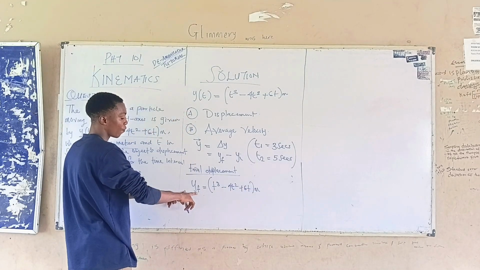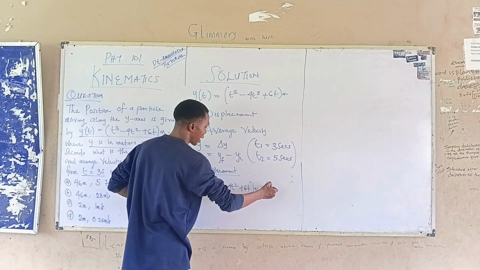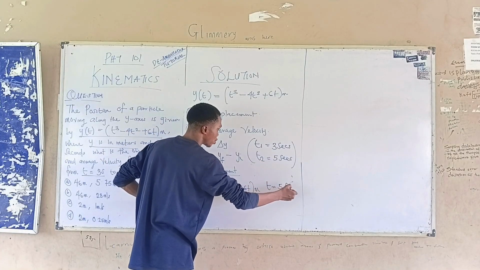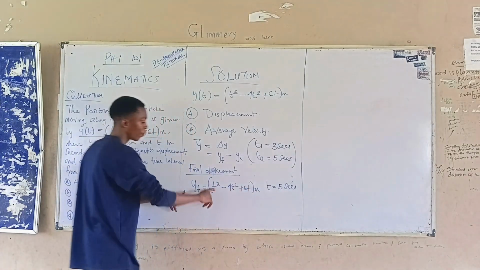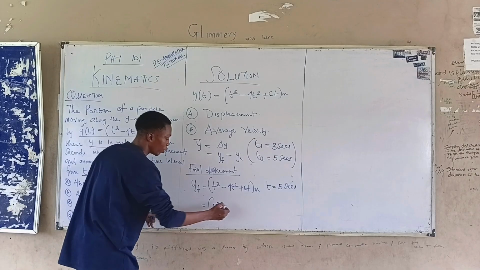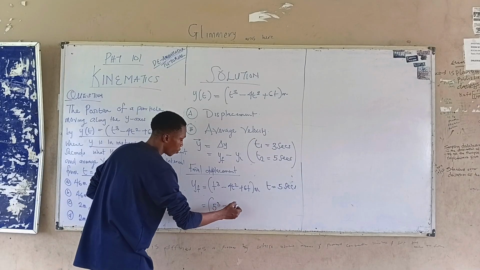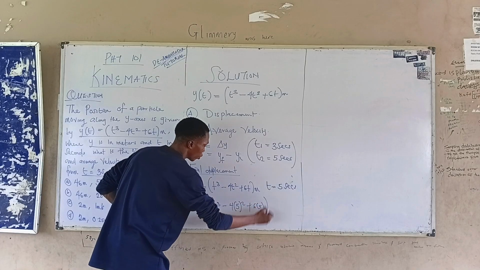Recall, we said our final displacement is when you have your final time. At that time, my t is 5 seconds. So any place I have t, I'm going to put 5 seconds. So I have, in bracket, 5 to the power of 3 minus 4 in the bracket of 5 to the power of 2 plus 6 in the bracket of 5, then close the bracket.